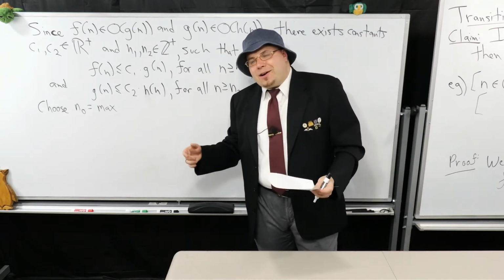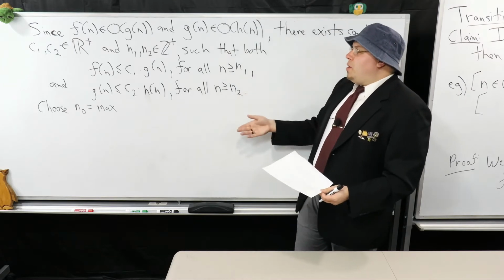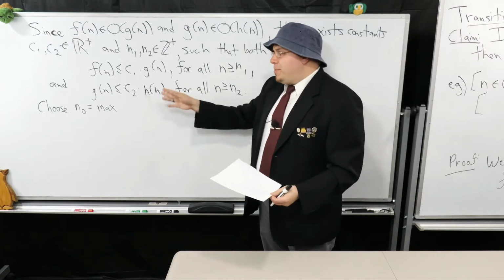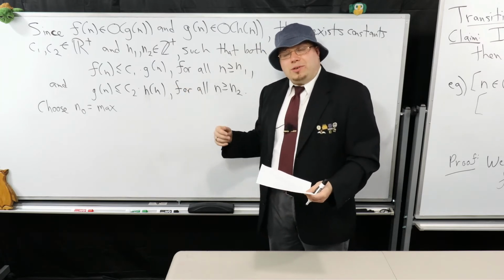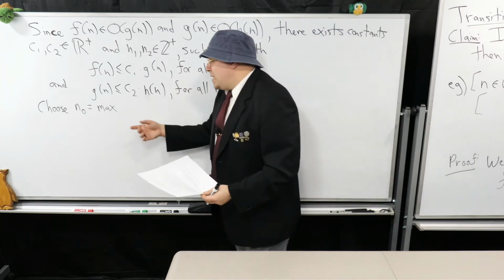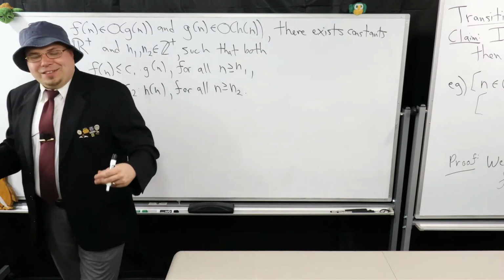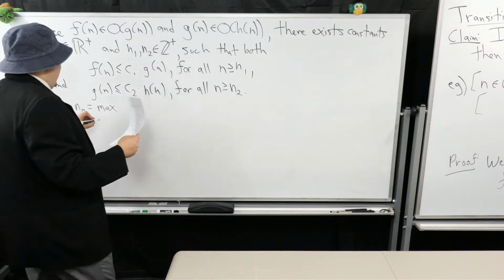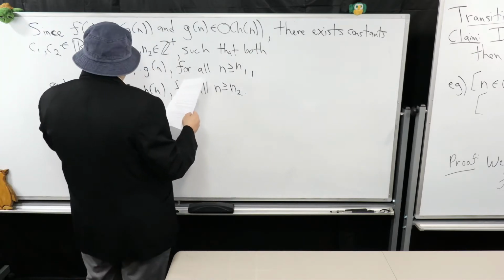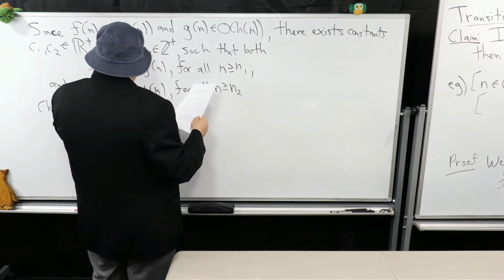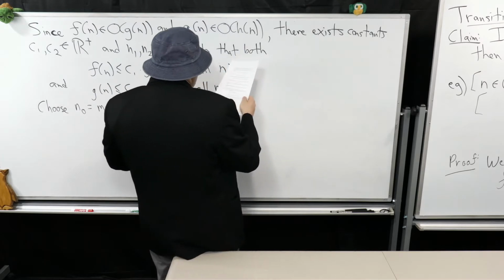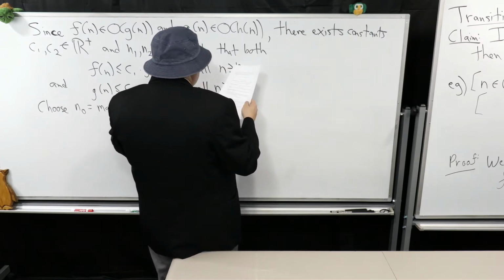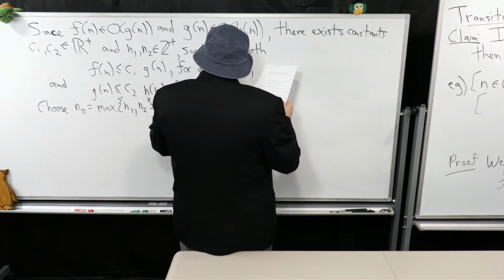I'll instead write down that, oh, well, for all n greater or equal to the maximum of these two things, then I get the inequality that follows from summing these two inequalities. Just as an example. I'm just going to do it here because I feel like changing it up a little bit so you can see some variety. So I'm going to make n0 be the max of n1 and n2. Then we find constants.